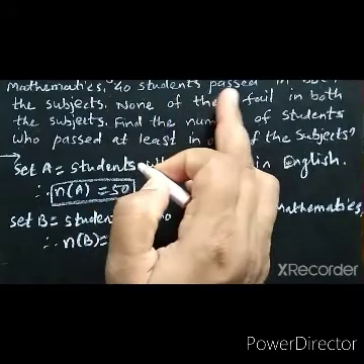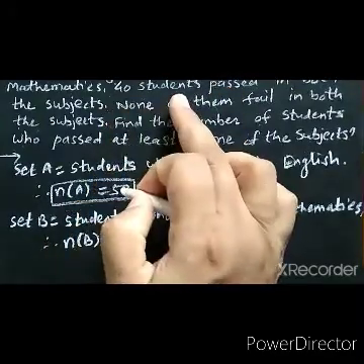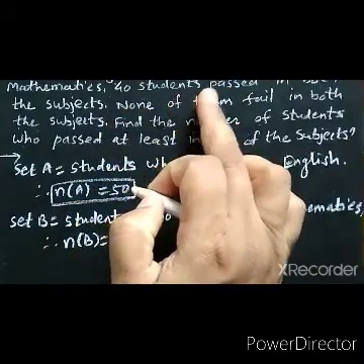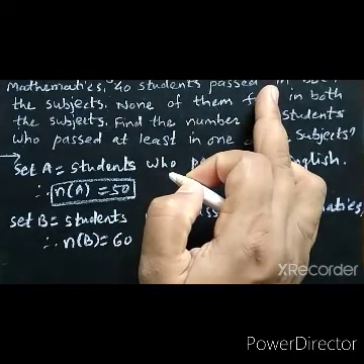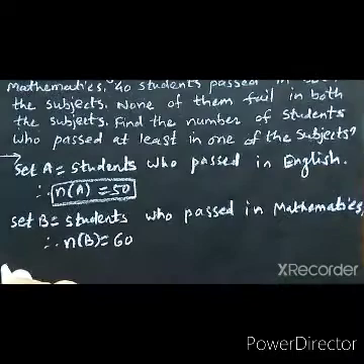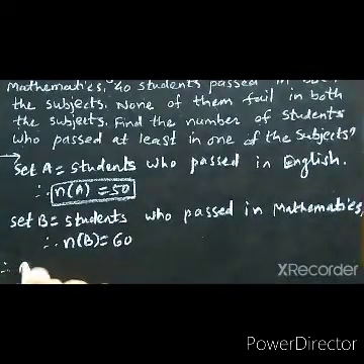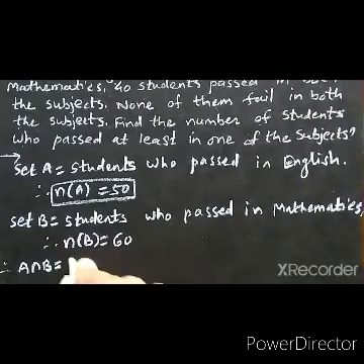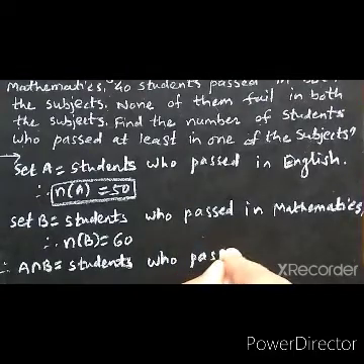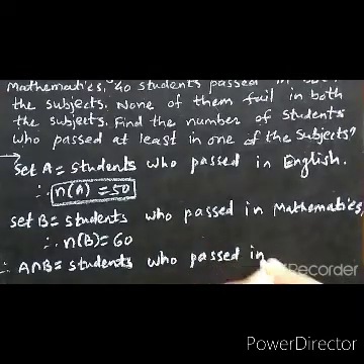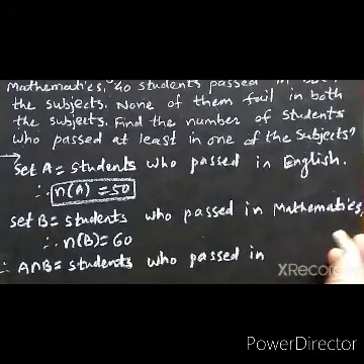Now 40 students passed in both the subjects. It means that 40 students passed in English and mathematics. Therefore A intersection B, that is students who passed in both the subjects.